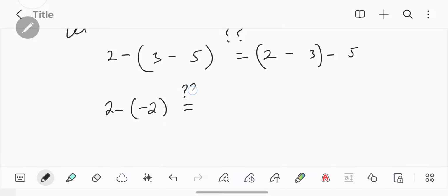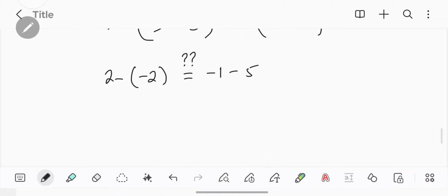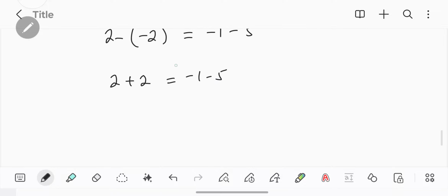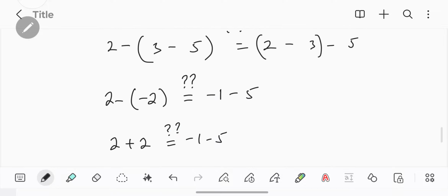And here, I don't know if they are equal or not. So 2 minus 3 is minus 1. And this is minus 5 as it is, right? But if you take this minus and this minus plus, you will get 2 plus 2. And here you will get minus 1 minus 5. This is 4. I don't know, are they equal?